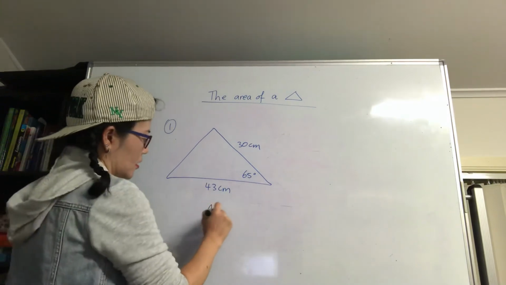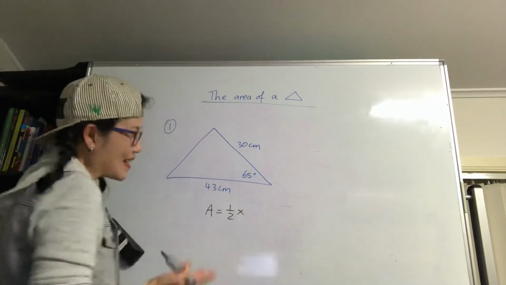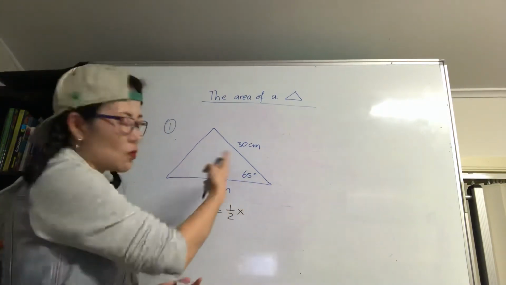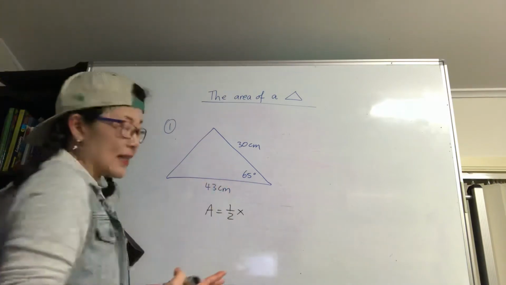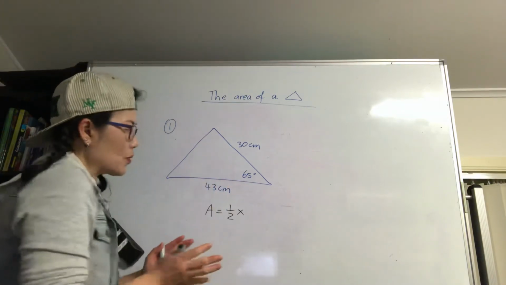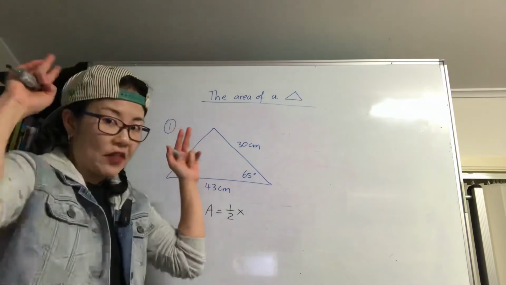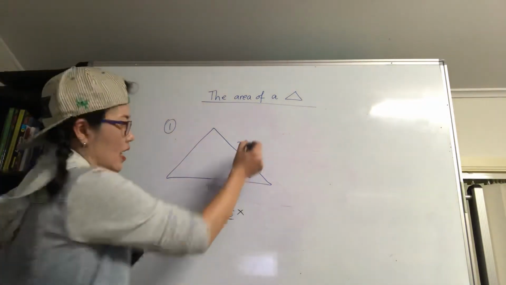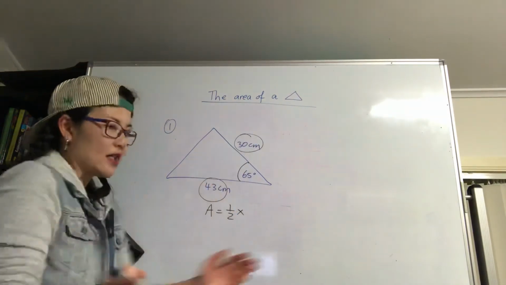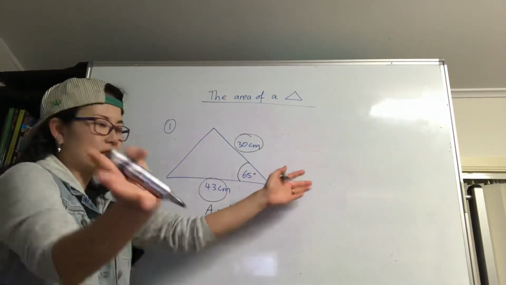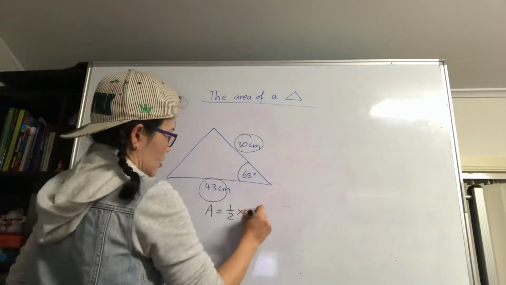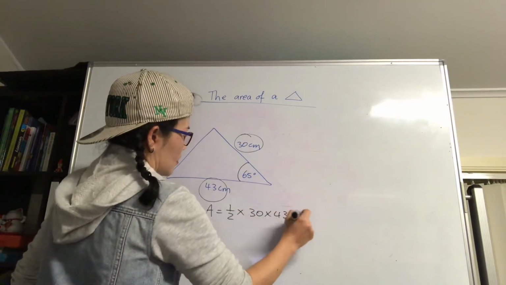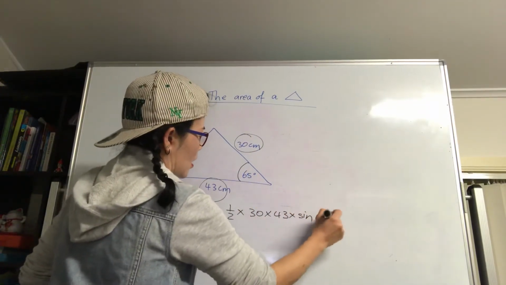Area equals half times base times height is not going to work for this one because there's no height here and we don't know what it is. So we're going to use the other sine rule. I'm going to have to use this angle, and I have to use the sides that are protecting the angle. So it's going to be half times 30 times 43 times sine 65.